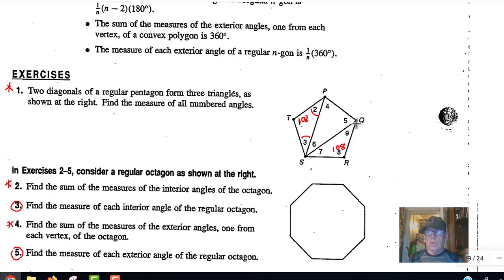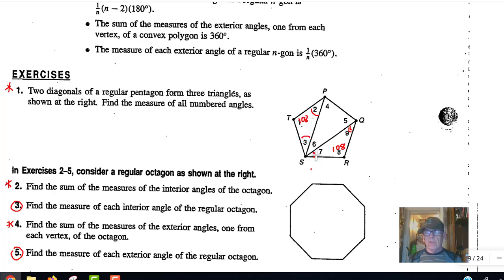Triangle QRS also is isosceles, and that means that angle 7 and angle 9 are going to be congruent to each other. So you figure out what those are. Now if we go down here to this bottom angle at S, you know what angle 3 is, because that comes from the triangle having to be 180.